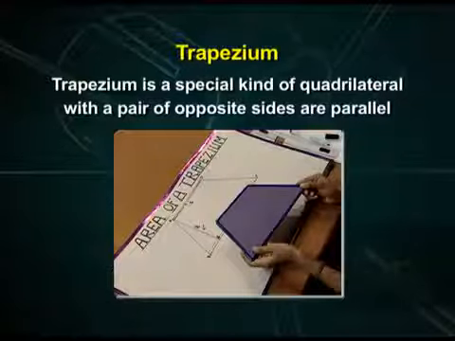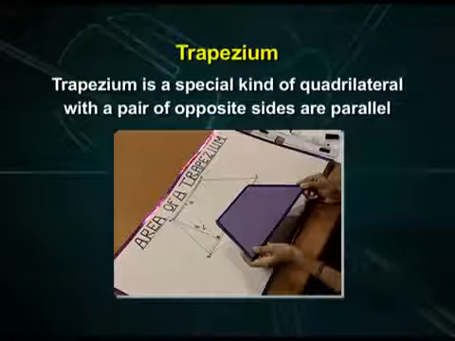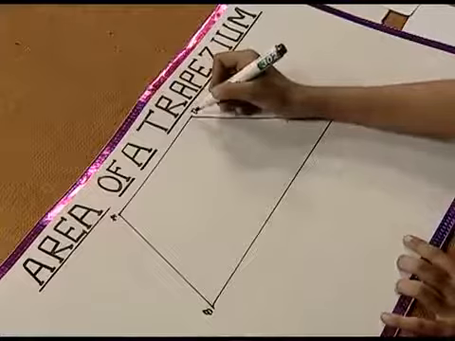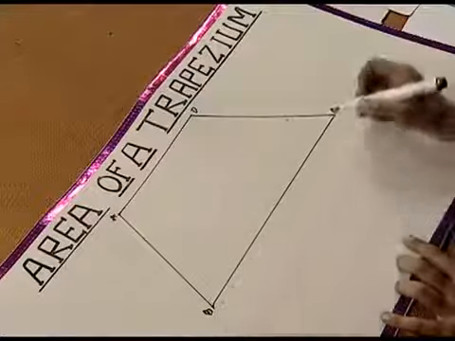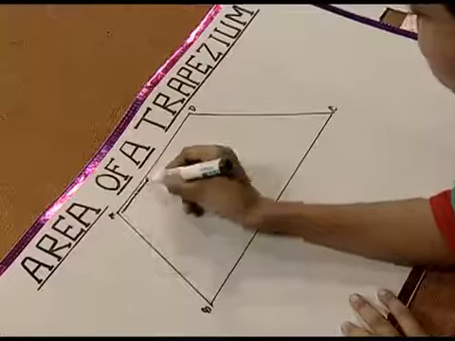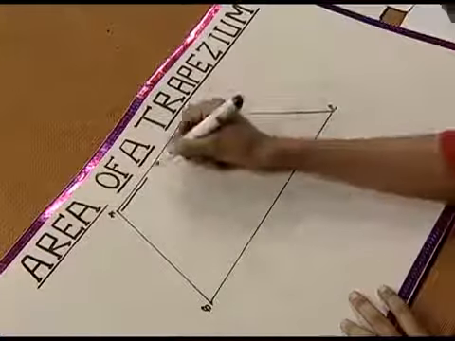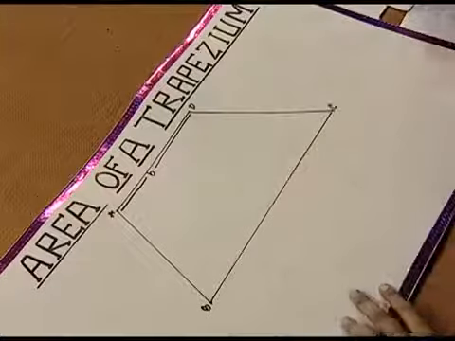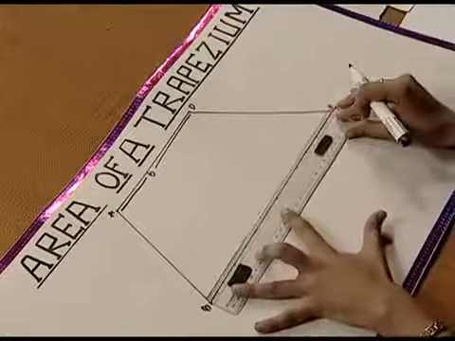And you know what a trapezium is? A trapezium is a special kind of quadrilateral with a pair of opposite sides parallel. Now, this ABCD is a trapezium with AD and BC parallel. Let us mark this AD as b units and BC as a units.